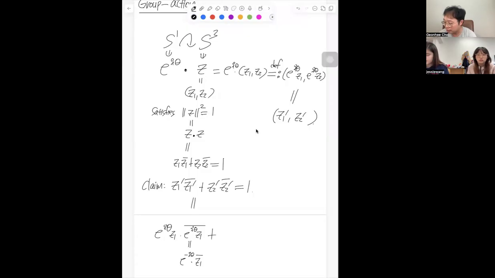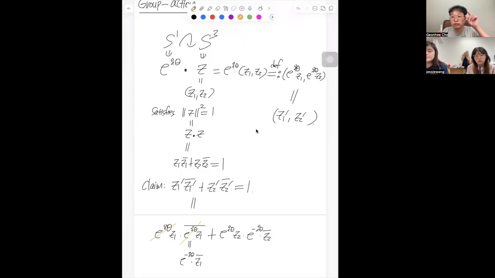And just to repeat, e to the I theta times Z2 gives e to the negative I theta times Z2 bar. You agree? Now you can see that because all these are multiplications of complex numbers, these two will be canceled.